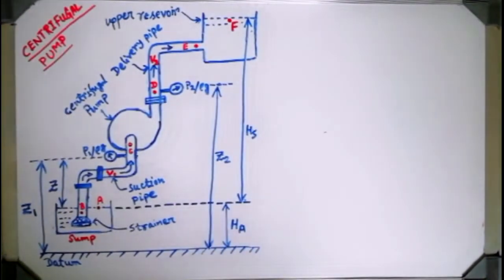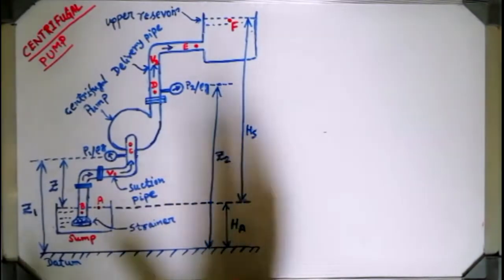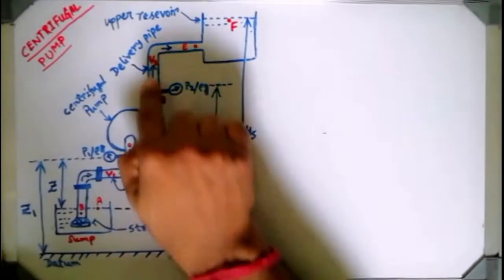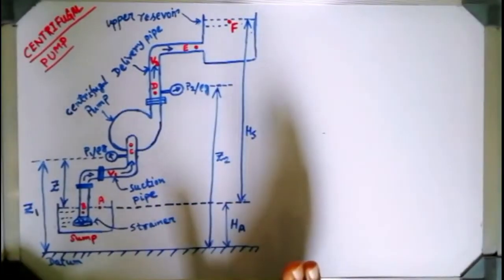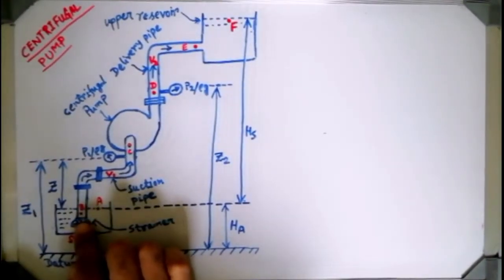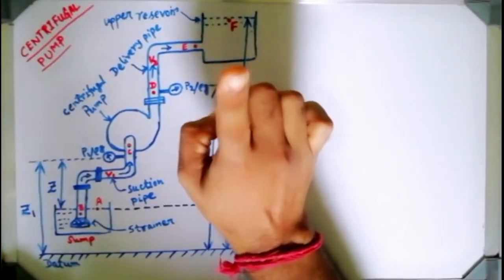Okay, now first of all, mind it, from the beginning I am saying all this pipeline will have frictional head losses. Similarly, while the liquid is entering the suction pipe and going out of the delivery pipe, there will also be some losses.